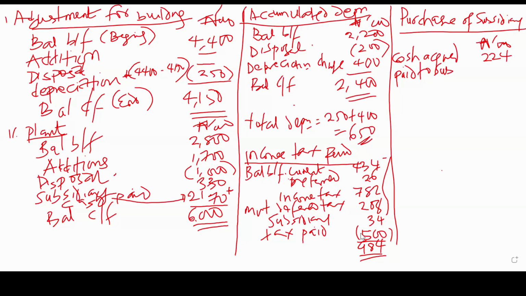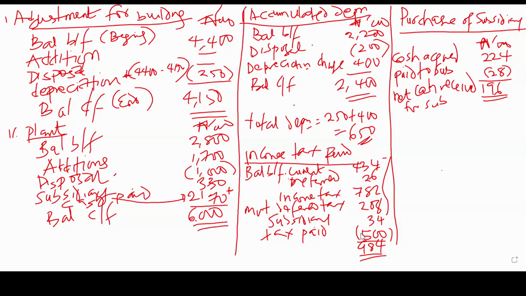Paid to subsidiary, we paid 28,000. So this will be our net payment for acquisition of subsidiary. It will show up as an investing activity. So it is not a payment, rather it is a receipt, because the cash we acquired is more. So it's net cash received from subsidiary.